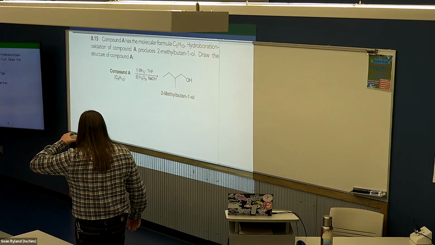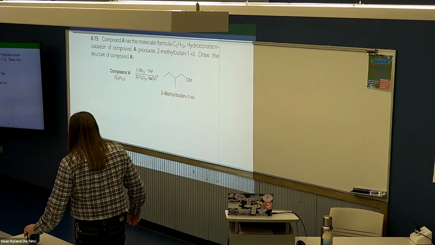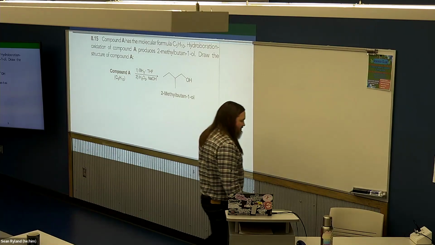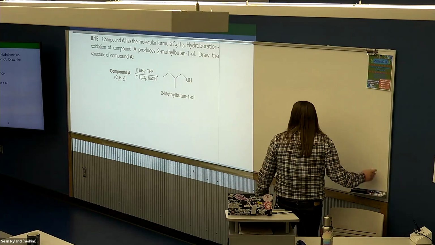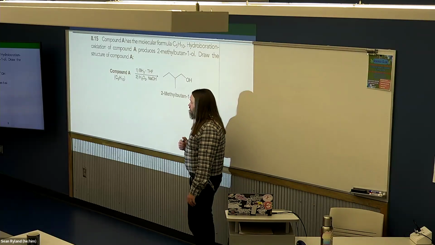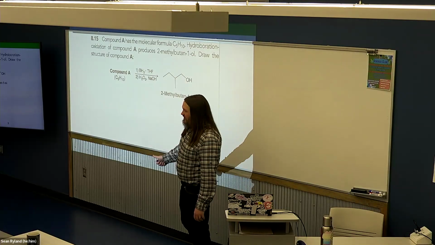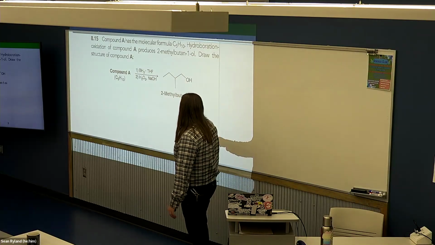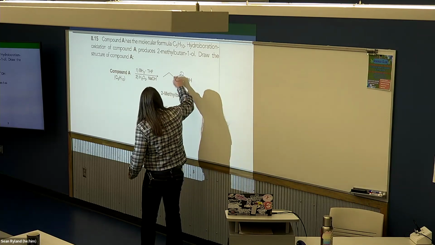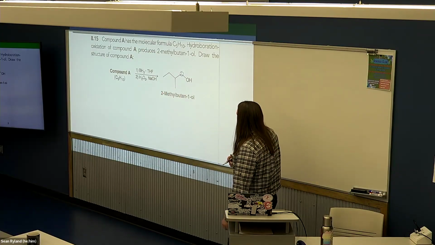What does hydroboration do? It breaks the double bond. Good. Adds an OH. Where does it add the OH? Lisa. It's anti-Markovnikov, so it's going to put it in the least substituted spot. So we know that this carbon was one of the carbons in the pi bond.